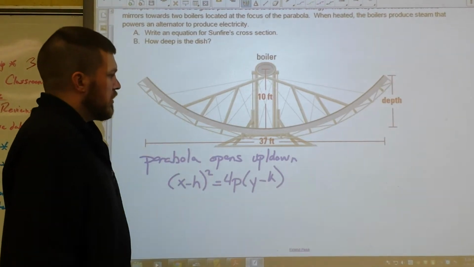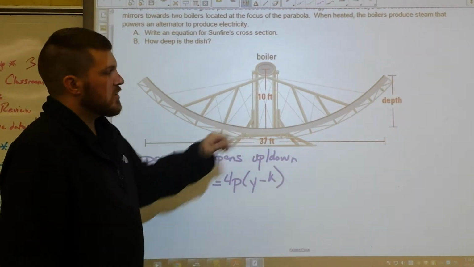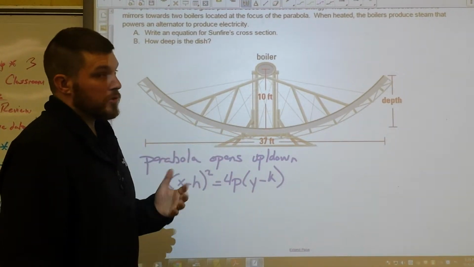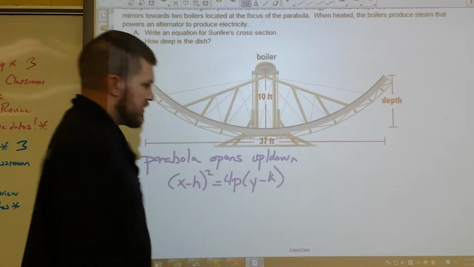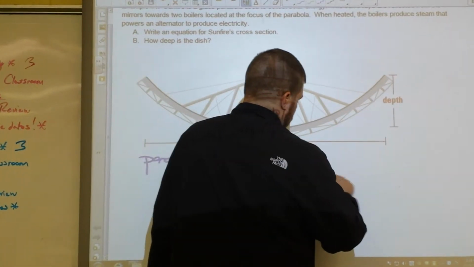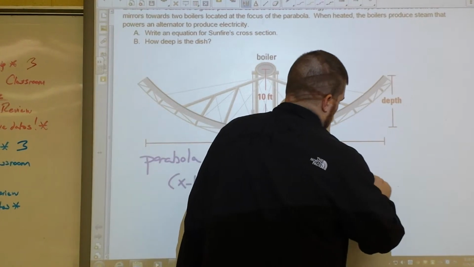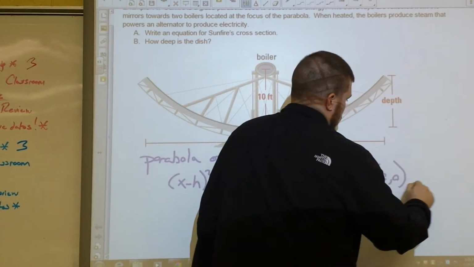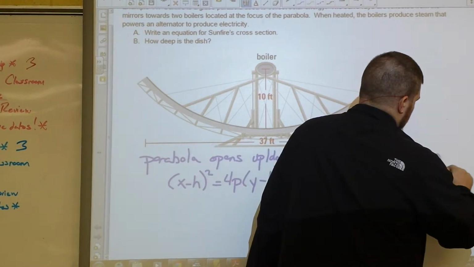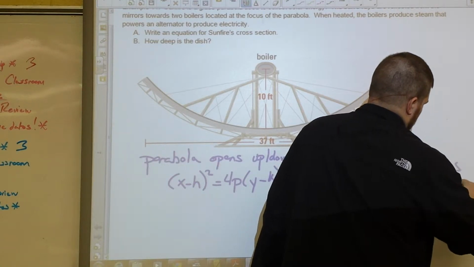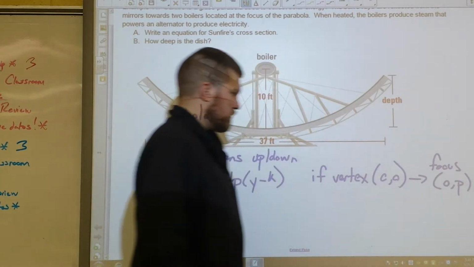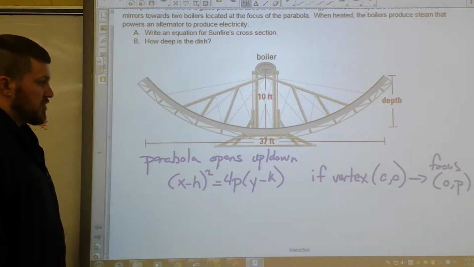We also know that if we assume the vertex of the parabola is at (0, 0), which we're going to assume just to make life easy, then the focus is at (0, p), which is going to help us.